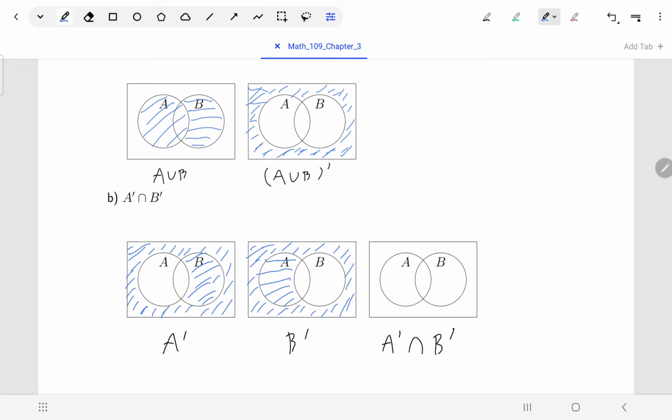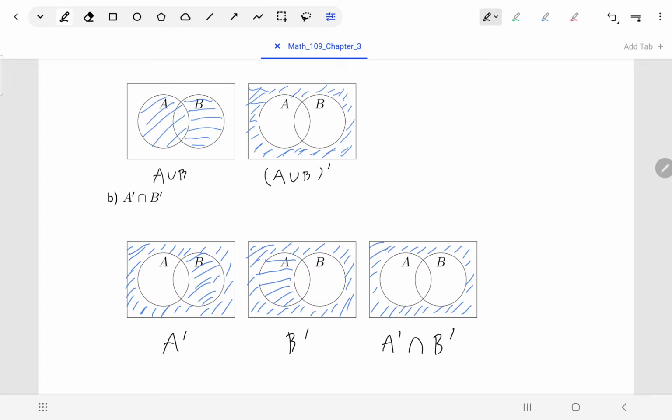Because remember, for an intersection, you're asking who was shaded for both. Where do they overlap? For the two diagrams, the area that was shaded in both of them was the outside. So A complement intersect B complement is just the exterior.